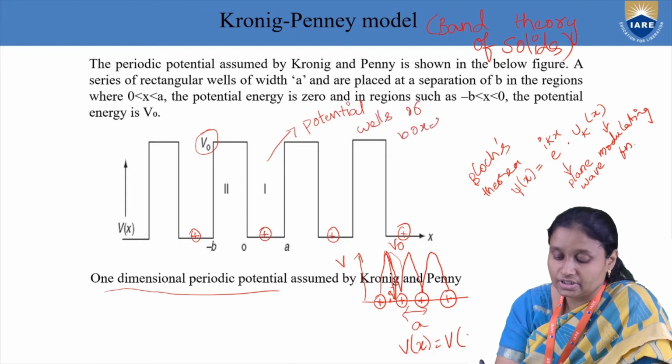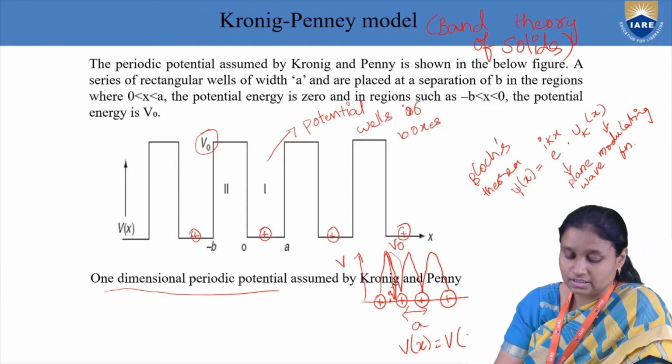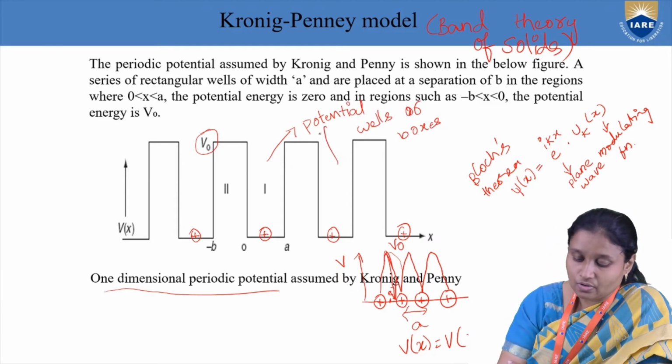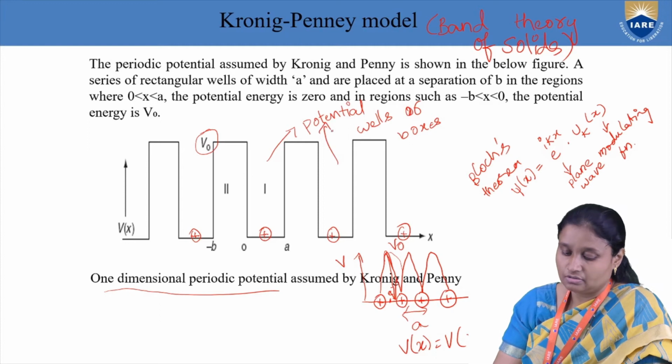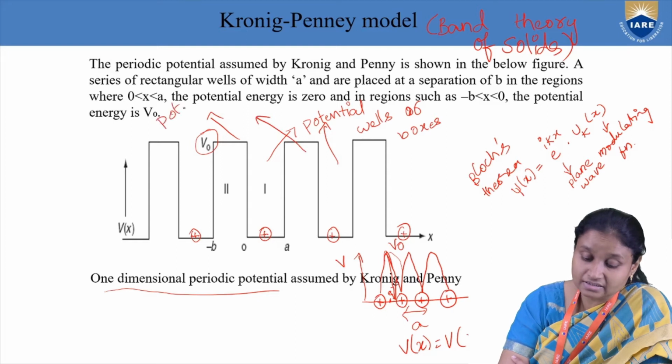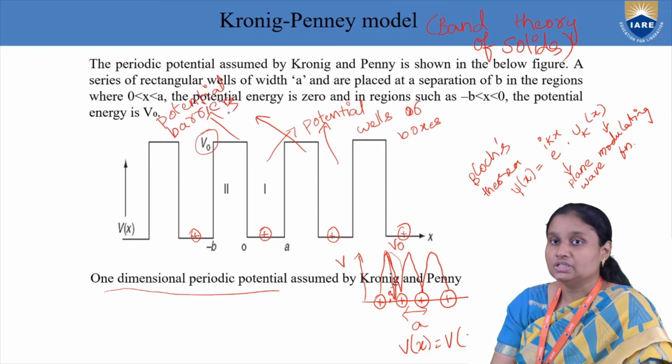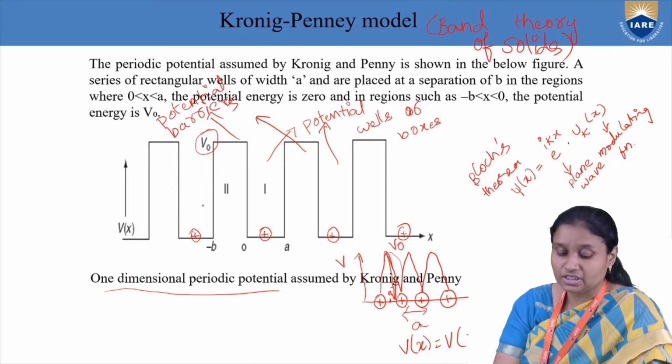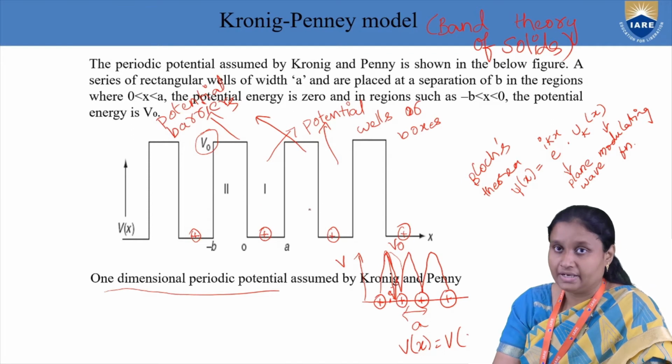Whereas these are called potential barriers. So with such periodic potential, we end up having potential wells separated by potential barriers.